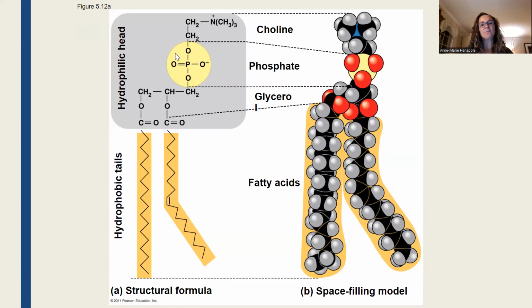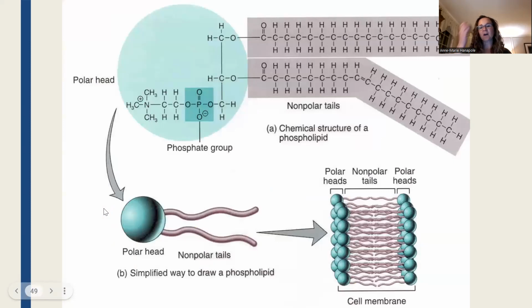And then up here is a phosphate group, and you can see negative charges on the oxygen, which makes this negatively charged. So this phosphate group is hydrophilic, and then these hydrophobic tails are not going to like the water. And that's what gives the cell membrane its properties. Cell membranes are made up of a phospholipid bilayer.